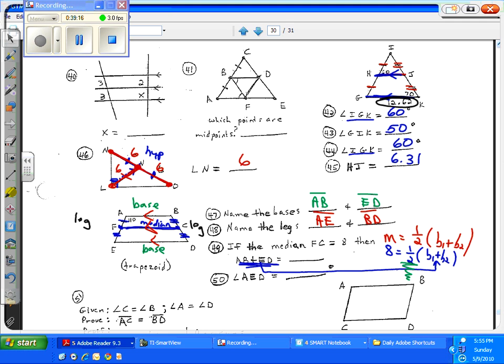In other words, half of what is 8? Well, half of 16 is 8. So if the median is 8, then the sum of the bases is 16, because the median is half the sum of the bases.